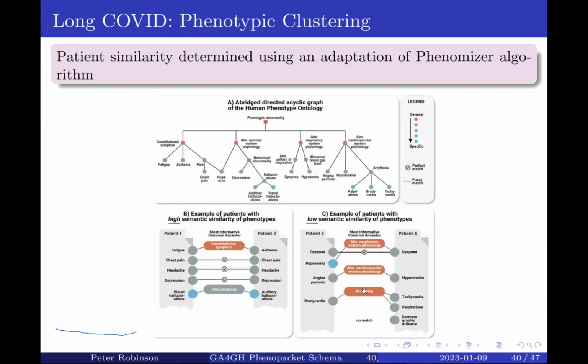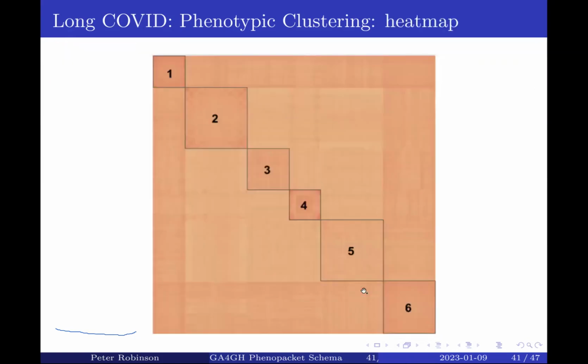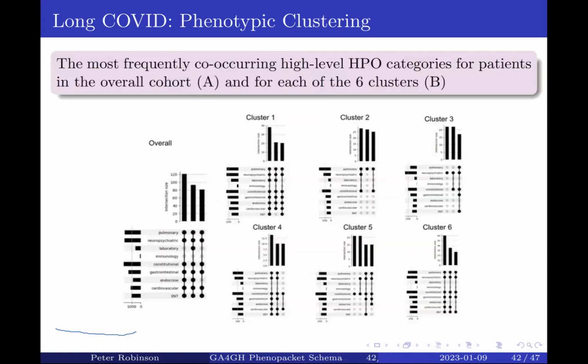If they don't share many terms, they're not as similar to each other. And so we can basically create a similarity matrix and cluster that with a very simple method. And we did that and found 6 clusters. And we were able to show that some of the clusters were very serious and that patients tended to have manifestations in multiple organ systems.